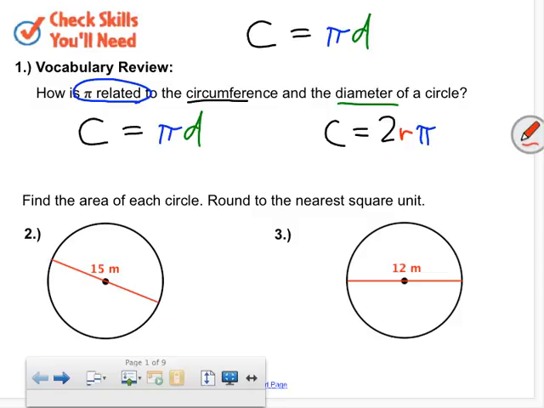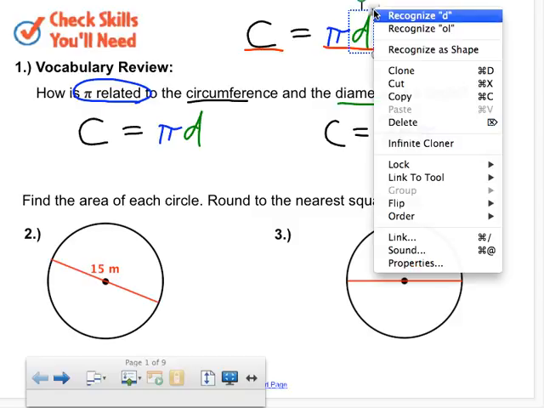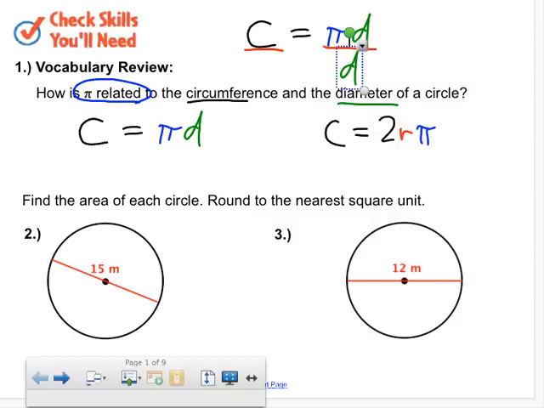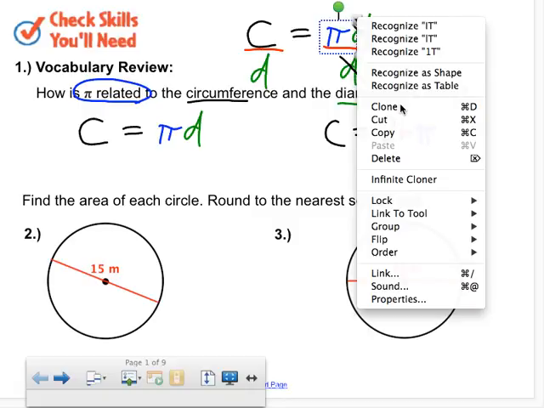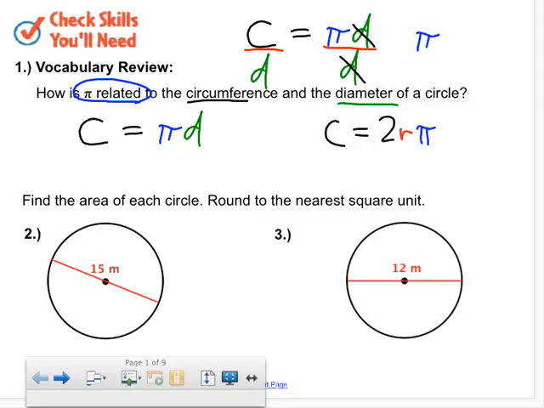So if I take and divide both sides by diameter, then my diameters cancel, and then on the left-hand side, I'm left with the ratio. Okay, do you see that? And then my diameters will cancel out. Boom, boom. So then I get this formula. I get pi is equal to the circumference divided by the diameter.